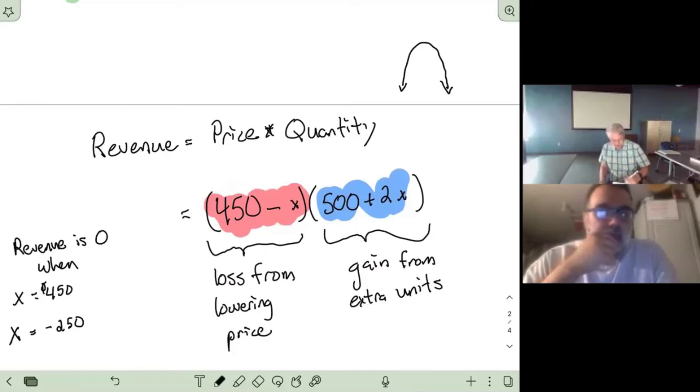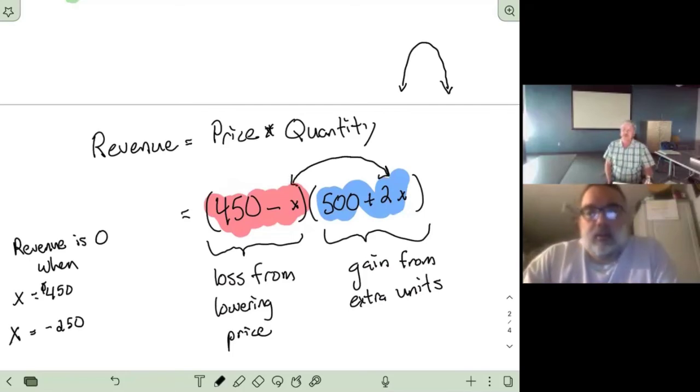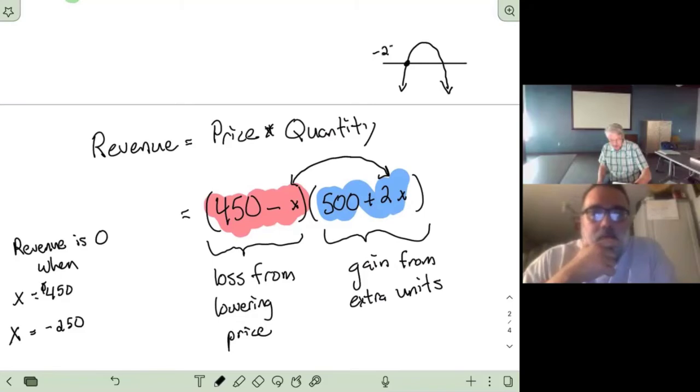If you're not convinced by that, multiply it out and pay attention to what's going on with those x's. You can see it's going to be a minus 2x squared, and that's going to force the parabola down. So we've got our two roots: x equals minus 250, and x equals positive 450.